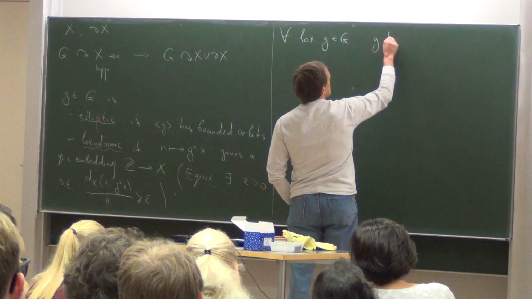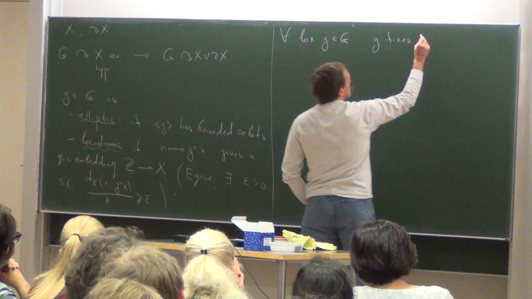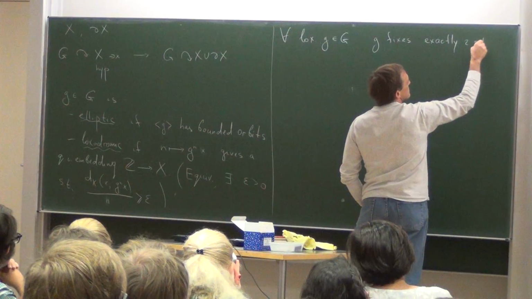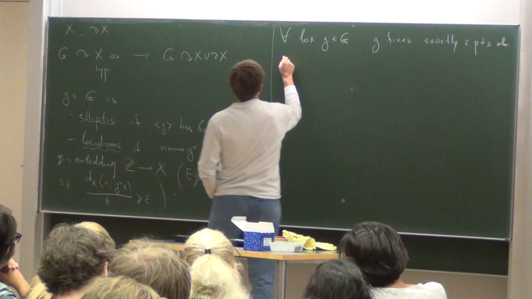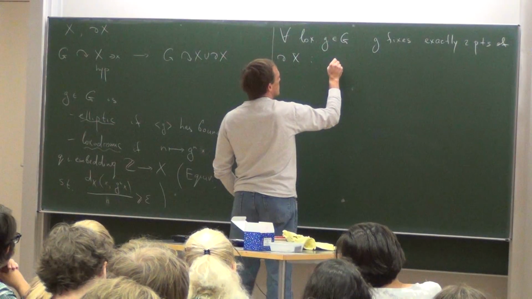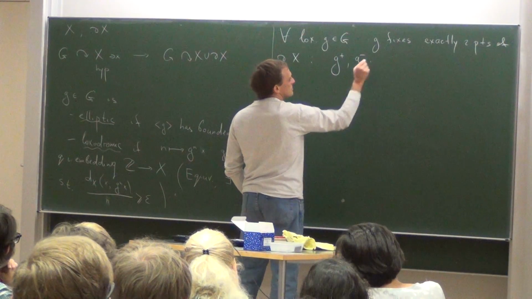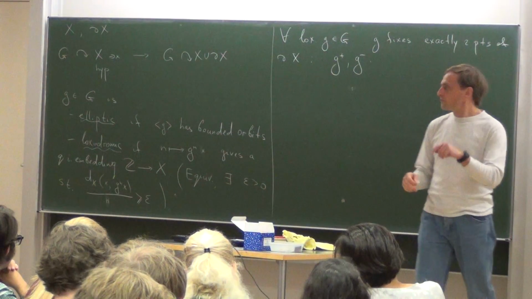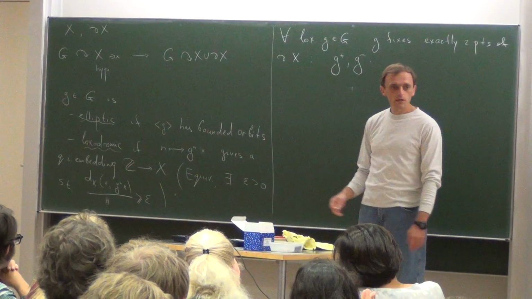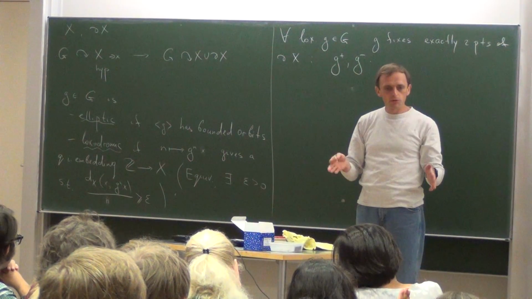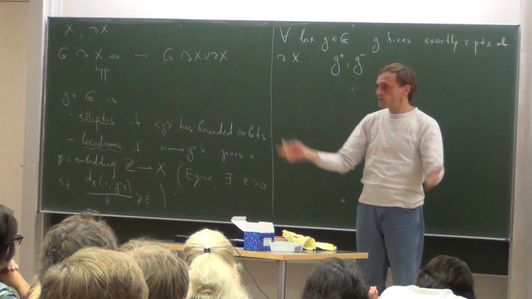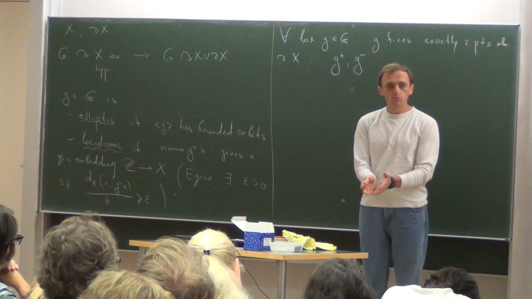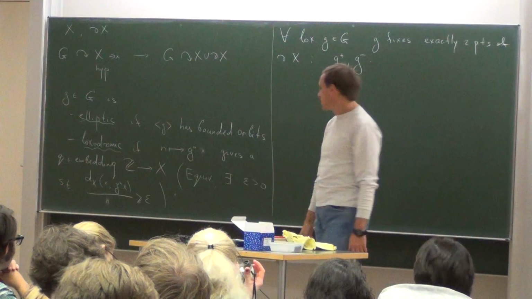So g fixes exactly two points of the boundary, and we denote these points by g^+ and g^-. g has the so-called north-south dynamics on the boundary, which means that if you exclude a little neighborhood of g^+, then everything else is pushed by g^{-1} to g^-, and if you exclude a little neighborhood of g^-, then g pushes everything else to g^+.